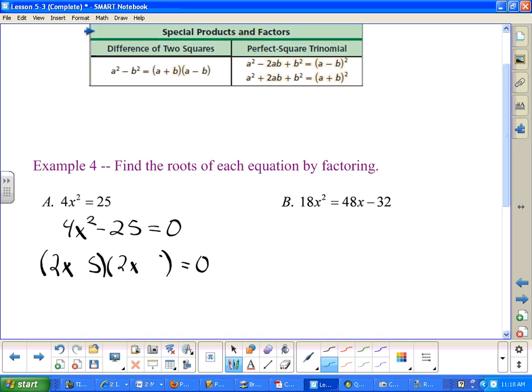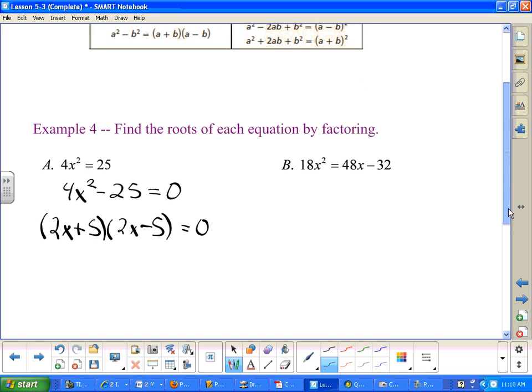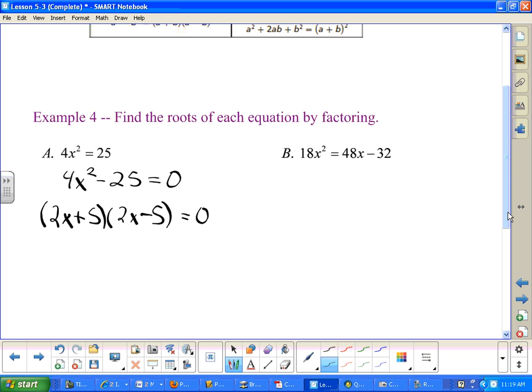Okay, so I have 2x plus 5 and 2x minus 5. So we're going to set those two things equal to 0 and solve.